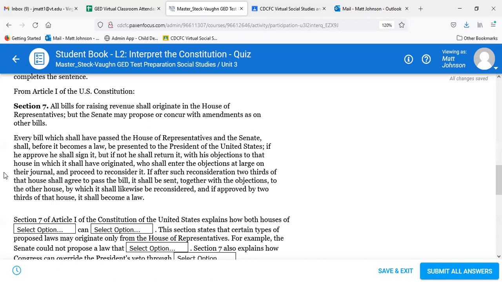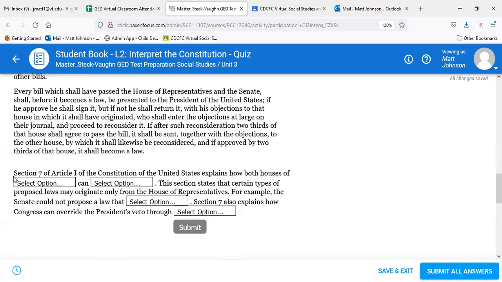Or if they can pass that with 2/3 majority in both houses, in the Senate and in the House of Representatives, then it will become law. And it also mentions here that all bills for raising revenue shall originate in the House of Representatives. Right, so that's another important part there. Let's see, Grace, can you start on the question there, read to that first drop box?